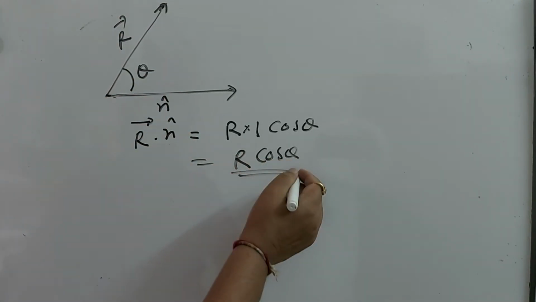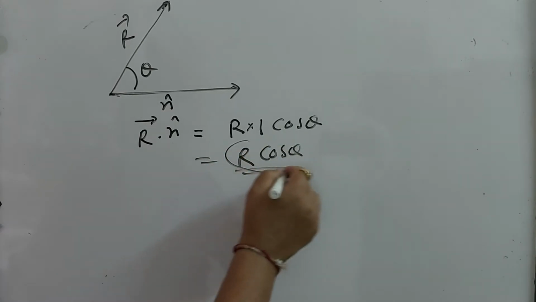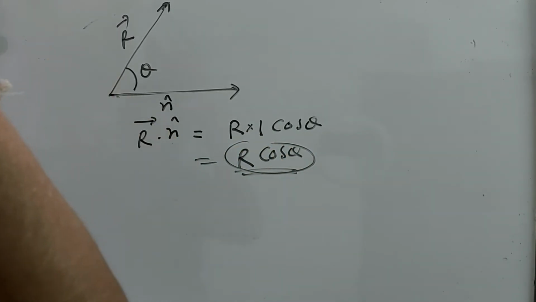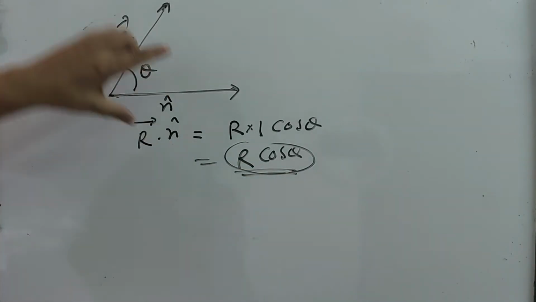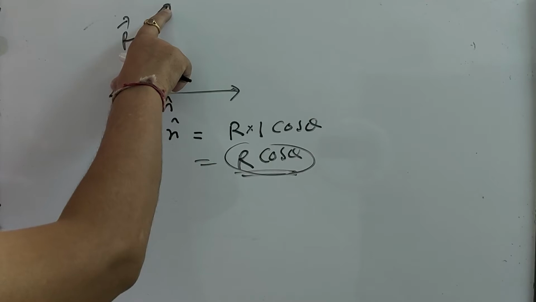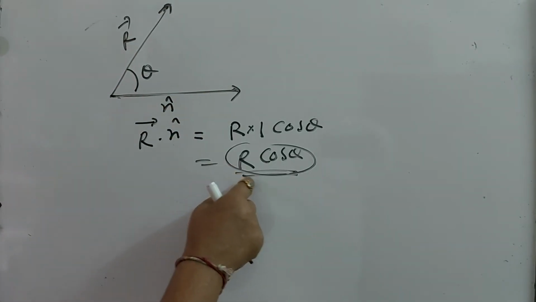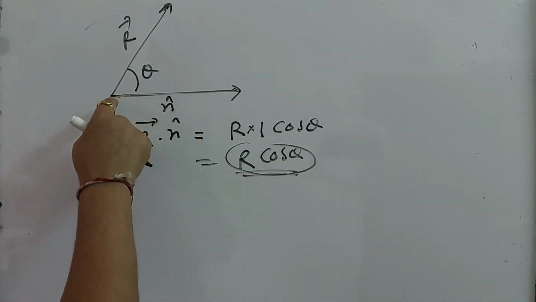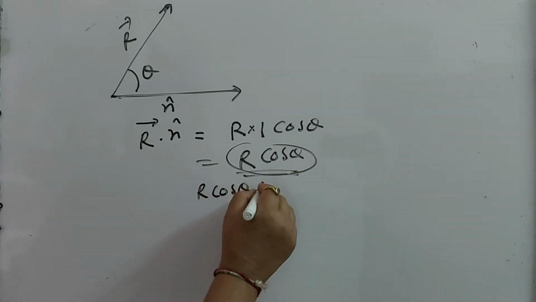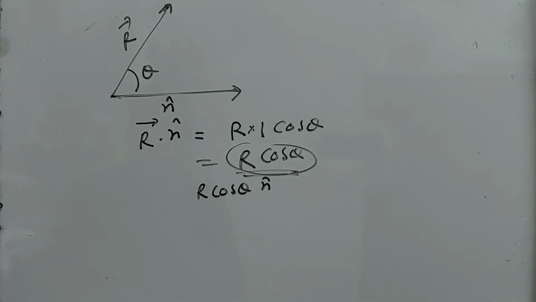So R cos theta, we can write as R dot n, and this will give you the projection of this vector along this. And if we have to find the component of this vector along this line, then this will be multiplied with the unit vector along this line. So this becomes R cos theta into the unit vector.